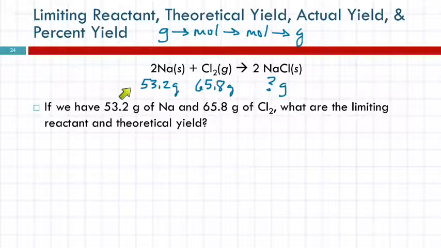So what we need to do is take grams of sodium to moles of product, sodium chloride, to grams of sodium chloride. And then we need to do a similar process with the chlorine. So 53.2 grams of sodium.